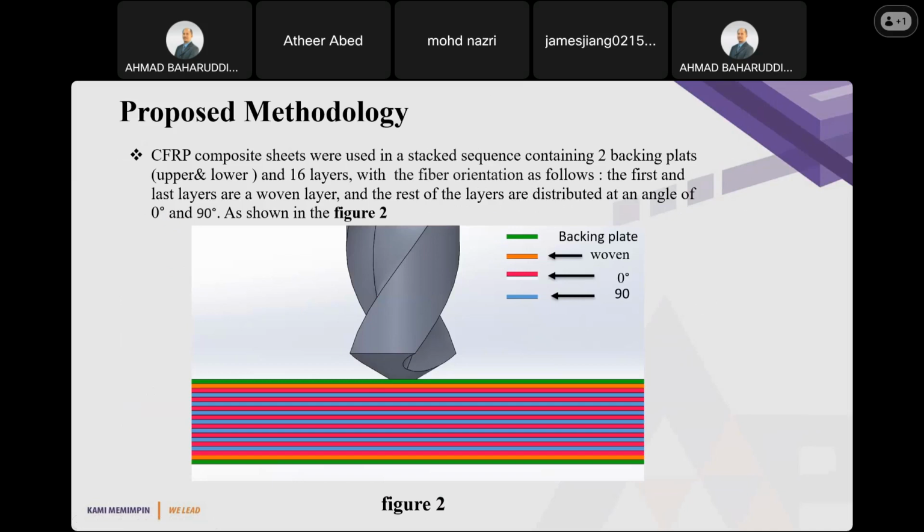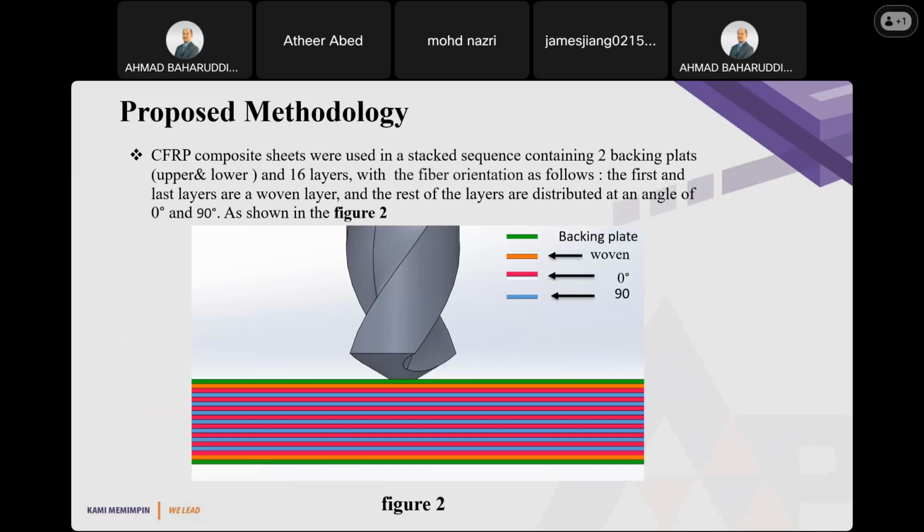Regarding the orientation, I will use backing plates. Many people use this backing plate, and it has a lot of benefits. For example, it prevents delamination, improves hole quality, and reduces fiber pullout.